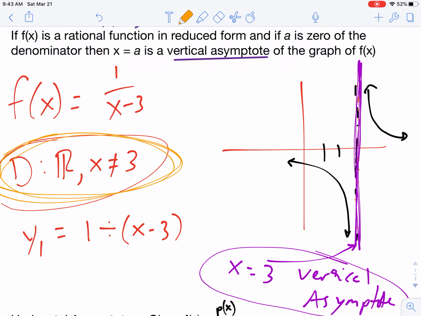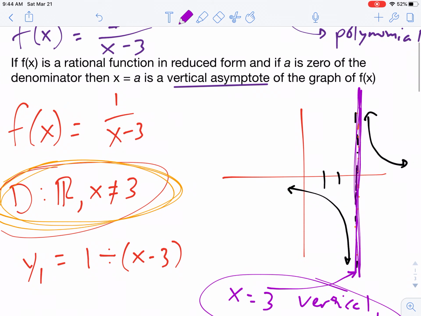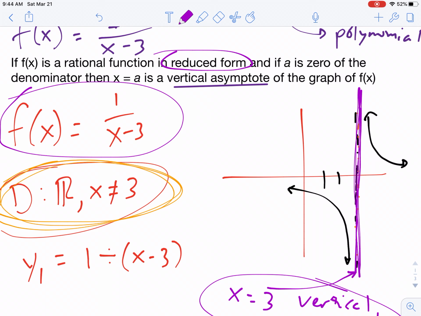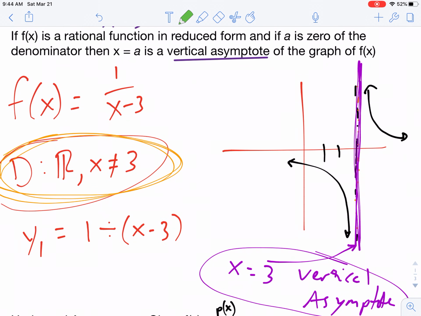I'll give you a few pointers when it gets a little bit trickier, but just remember that in order to find a vertical asymptote, the function has to be reduced, which this one already was, so there wasn't anything to worry about there. Second thing to remember is that a vertical asymptote is just an equation of a vertical line, so that's why it was written x equals 3.